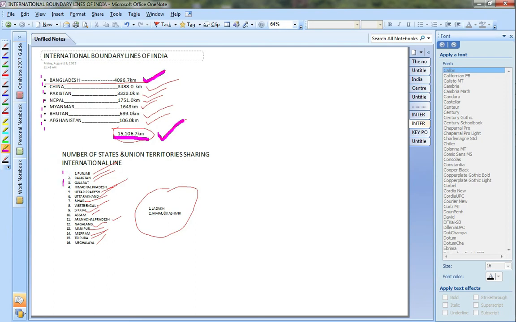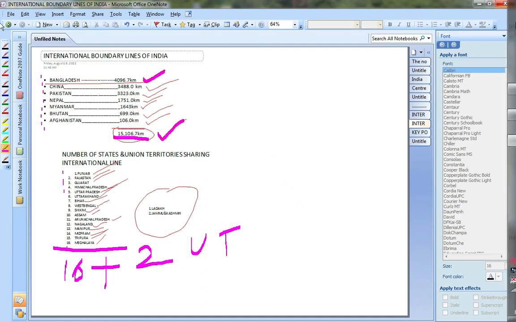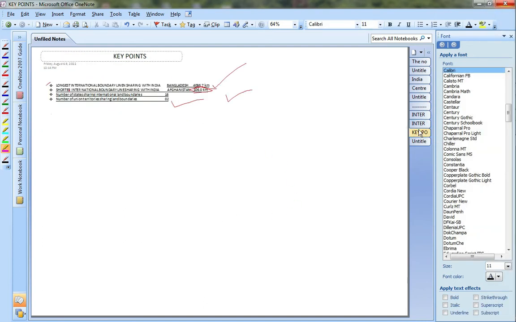Punjab, Rajasthan, Gujarat, Himachal Pradesh, Uttar Pradesh, Uttarakhand, Bihar, West Bengal, Sikkim, Assam, Arunachal Pradesh, Nagaland, Manipur, Mizoram, Tripura, Meghalaya. The total number of states is 16, plus 2 union territories. What are the 2 union territories? Ladakh and Jammu and Kashmir.